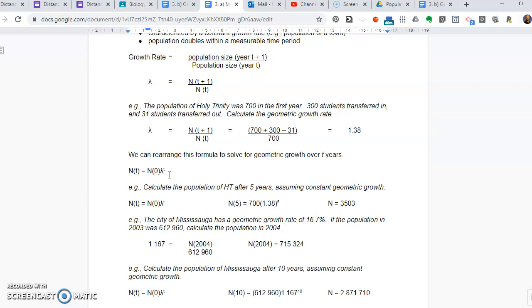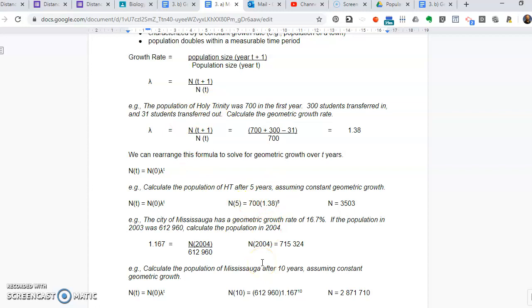We're assuming that for every one of those 5 years there's an increase of 38%. So 700 times 1.38 to the power of 5. After 5 years, if the growth rate stayed constant at 38%, we'd have 3,503 students. Again, not a realistic example at all, but it gives you an idea of how these two formulas work.